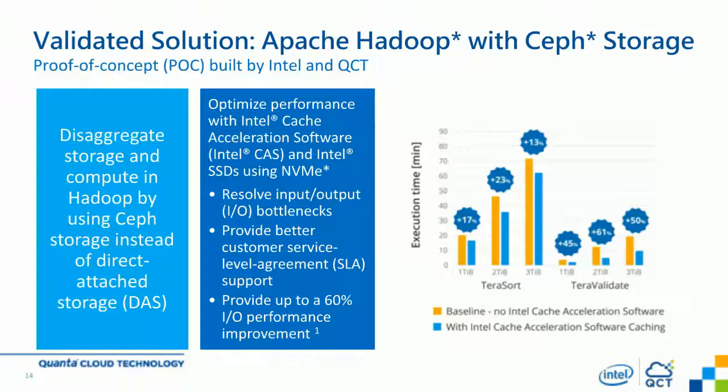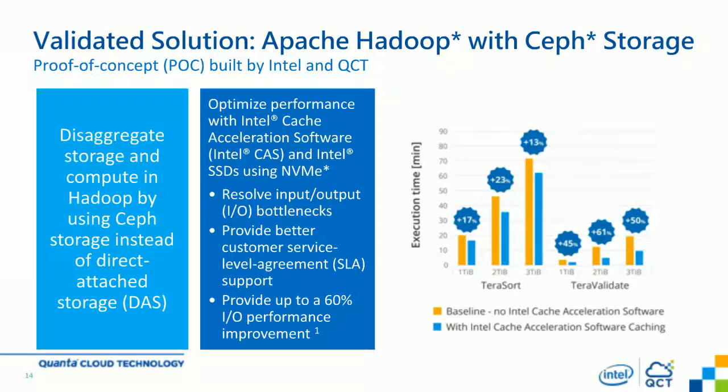The yellow bar indicates the baseline. Here we use Ceph as a backend store, but without enabling the Intel cache acceleration software. And the blue bar indicates the Intel cache being in front of the Ceph OSDs.